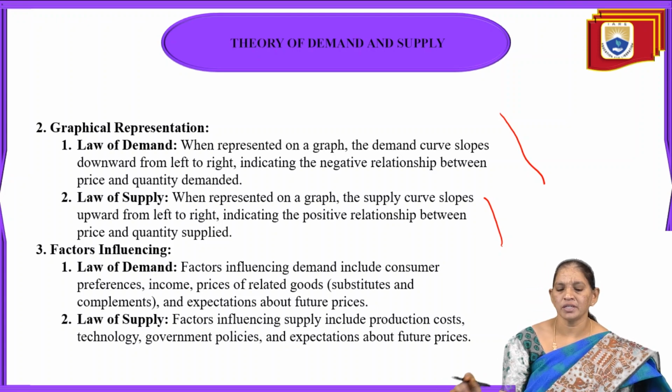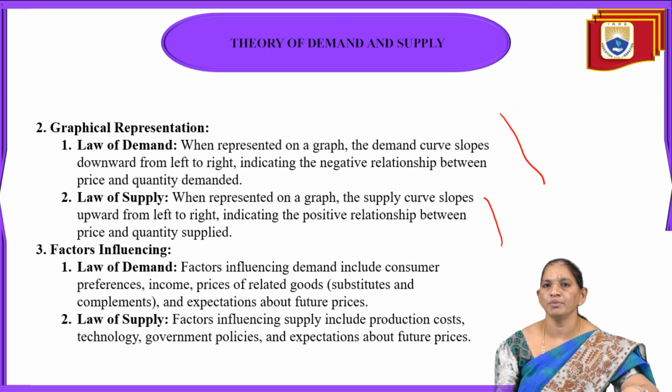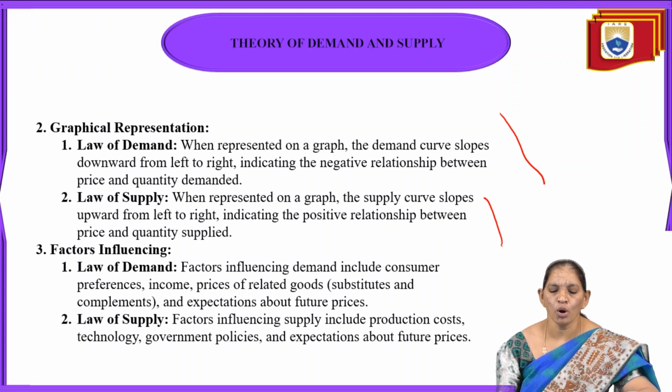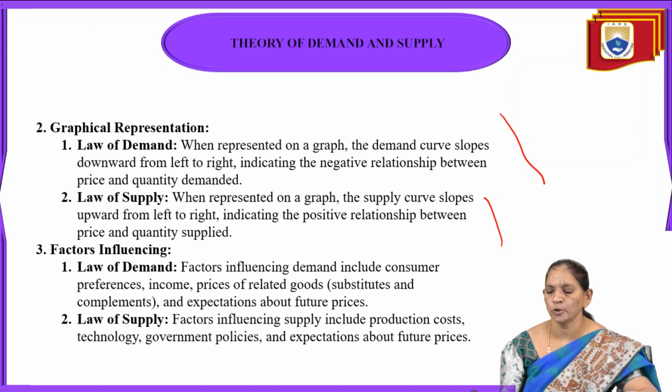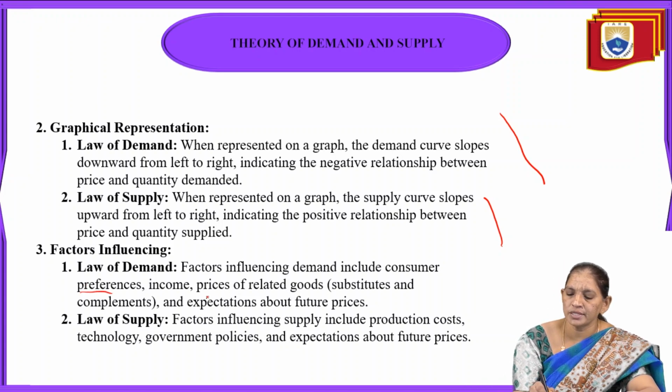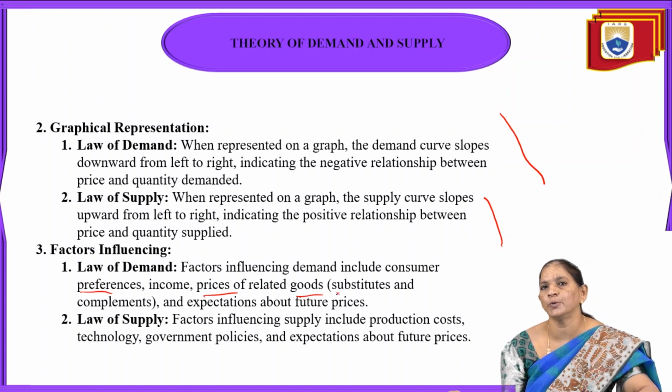The factors affecting the law of demand and supply. For the law of demand, there are various factors including consumer preferences, income, and prices of related goods, maybe related to the substitution effect.